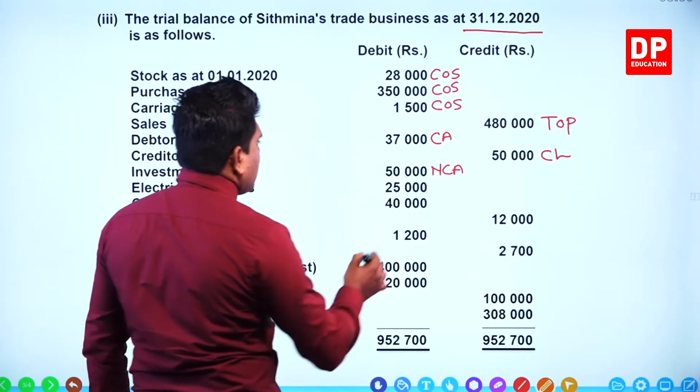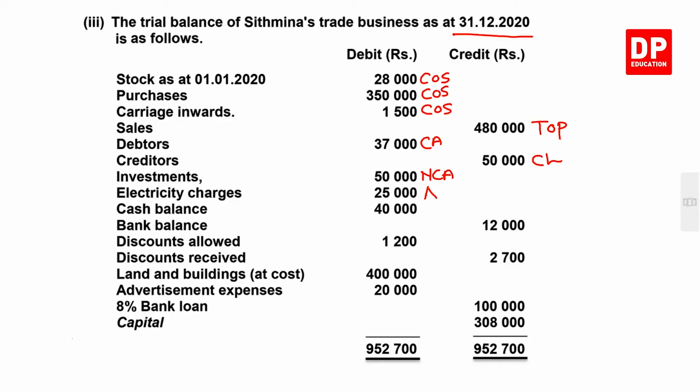Then electricity charges, administration. Then cash balance, current assets. Bank balance, also current assets? Cash balance, yes, but bank balance you can see it goes to the credit side. Can you see?